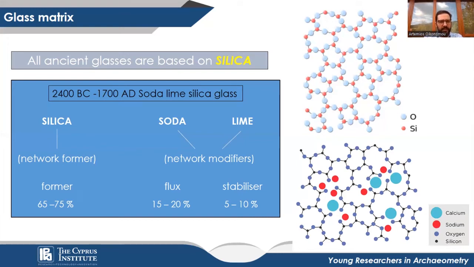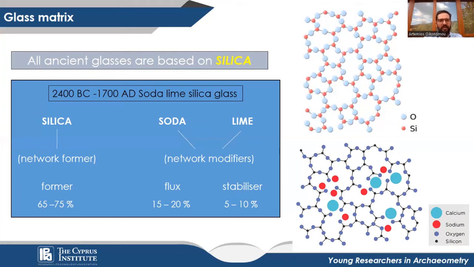Here you can see some examples of the network of silica, and here are when the modifiers are entering and actually modify this network. So soda is the flux. It can be very important for glass making because it lowers significantly the melting point of silica, and lime usually acts as a stabilizer and makes the glass more durable in corrosion factors such as, for example, water.